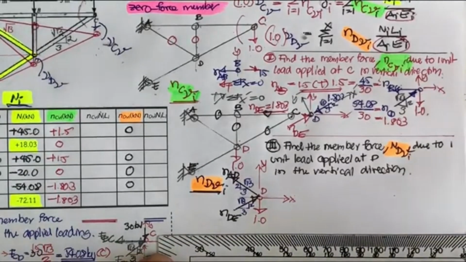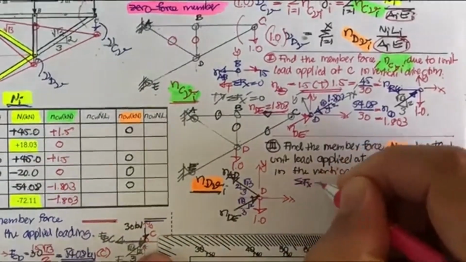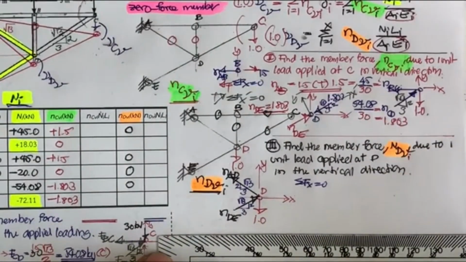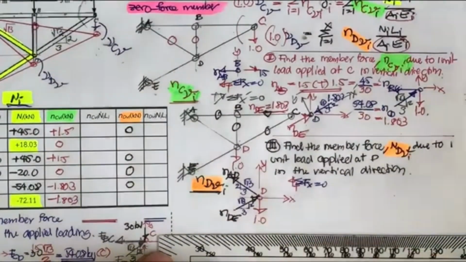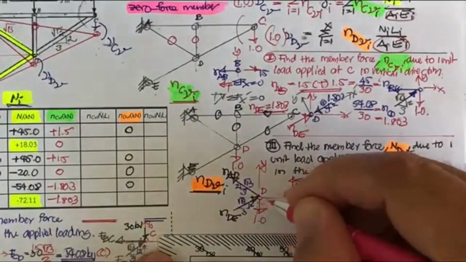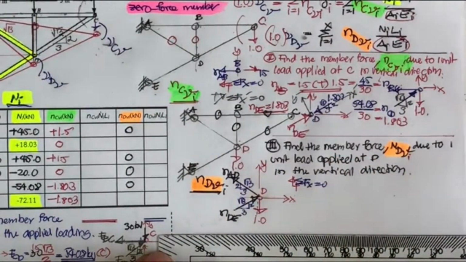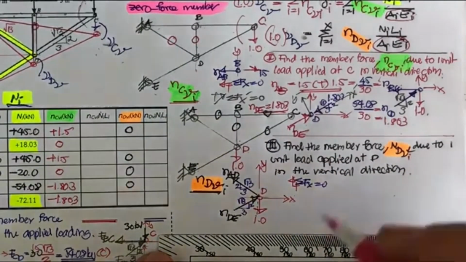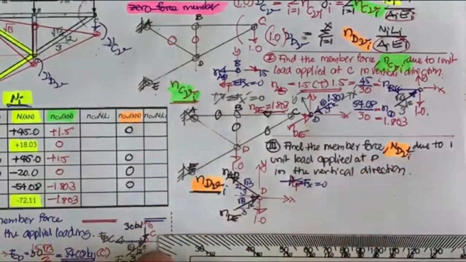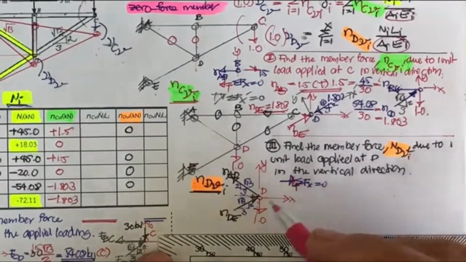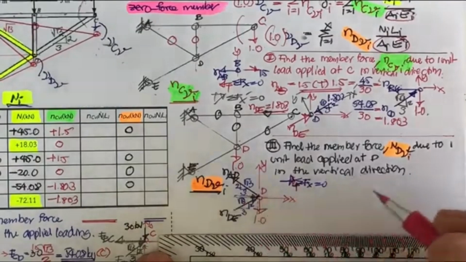Which equation are you going to use first? No matter which, it's better to use the summation of F sub x equal to 0, with right being positive.